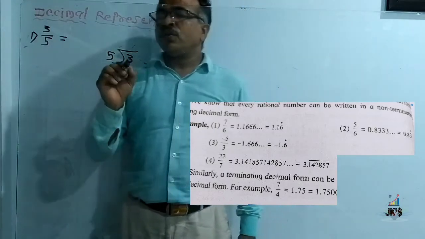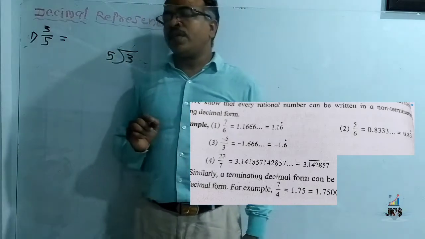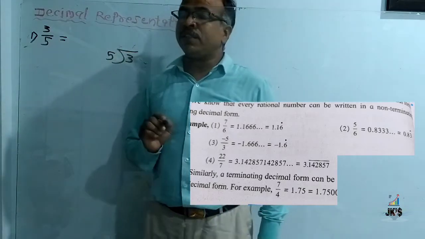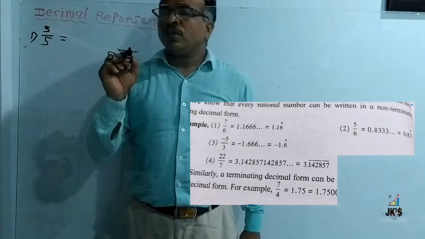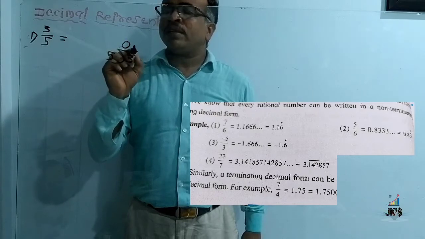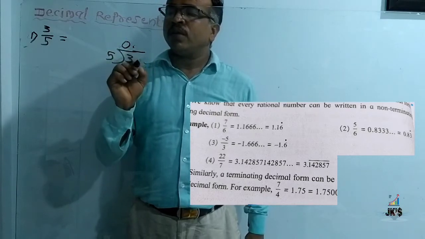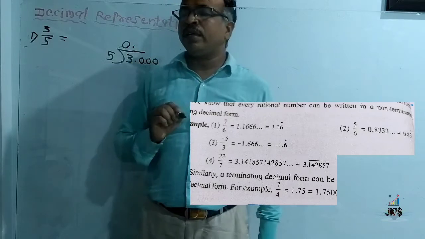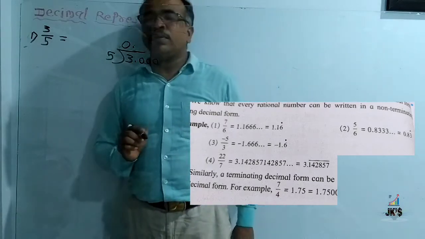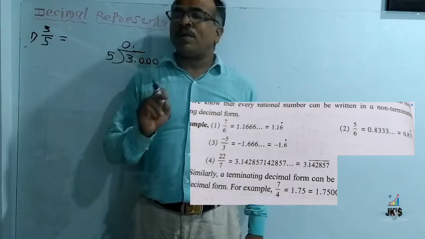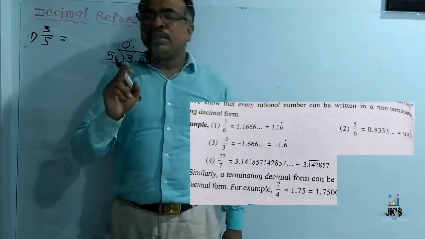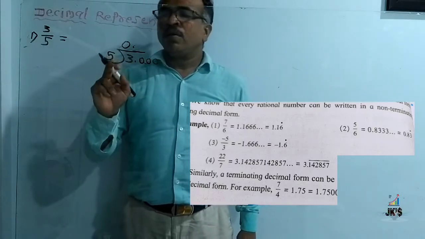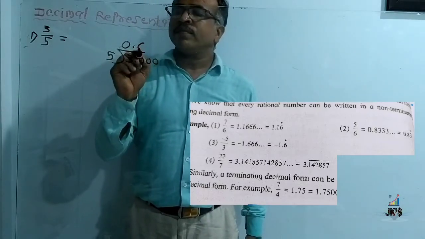5 is greater than 3, hence 3 cannot be divided by 5. Hence we have to take the decimal. So 3.000. We take a number of zeros after the decimal. The first 0 is taken, then it becomes 30. 5 sixes are 30.